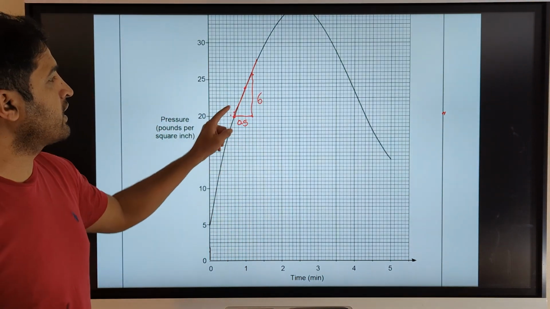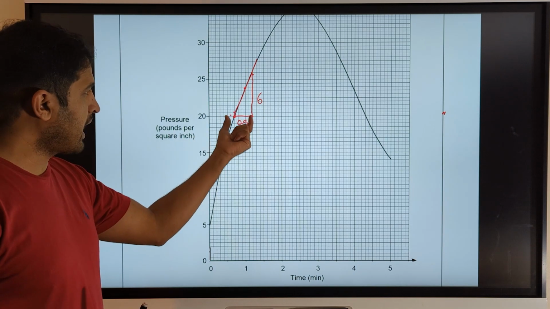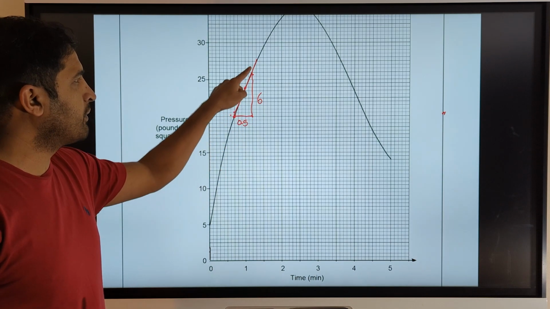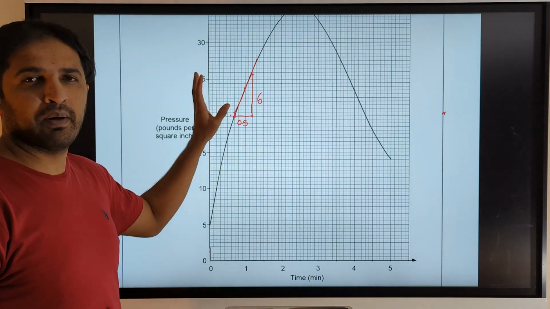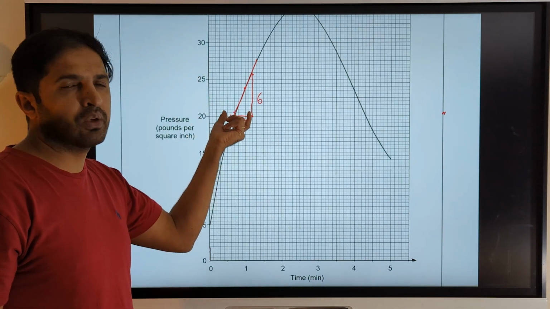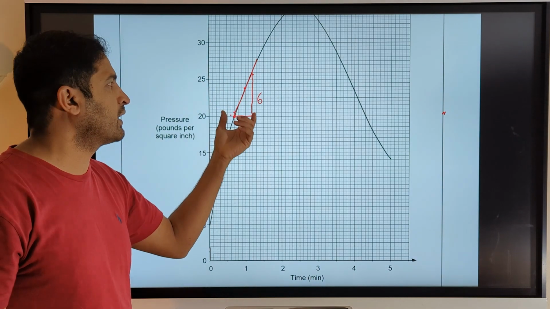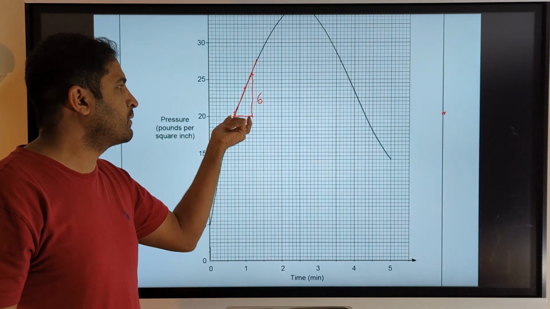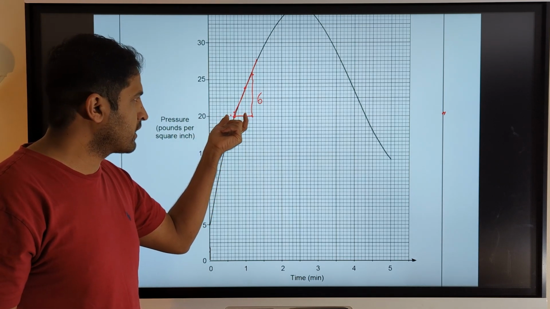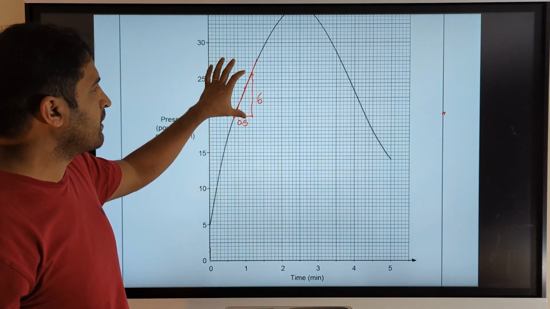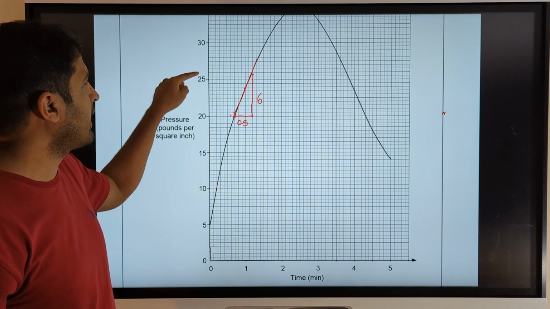Once I've done the tangent, in half a minute I'm going up 6 places here. It's not going to be accurate, okay? So I'm trying as best as possible to make these whole numbers and easier numbers to work with. So that's 0.5, and when you move 0.5 minutes across, pressure goes up by 6, because it's going from 25 to 26.